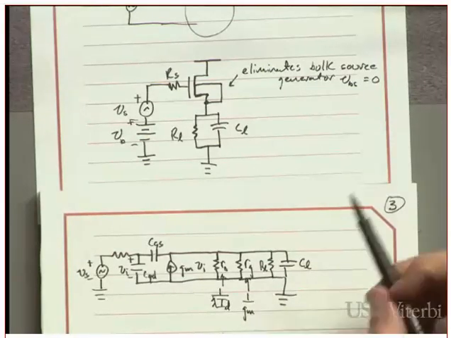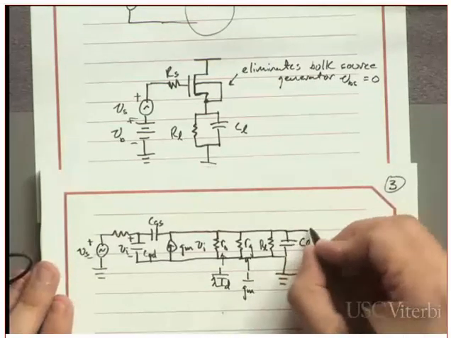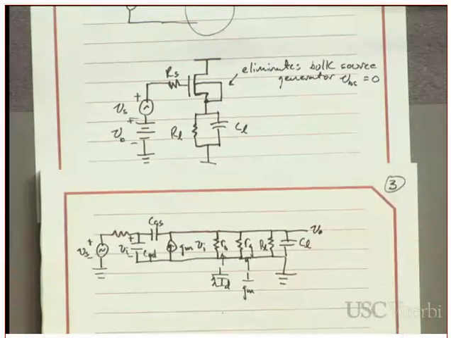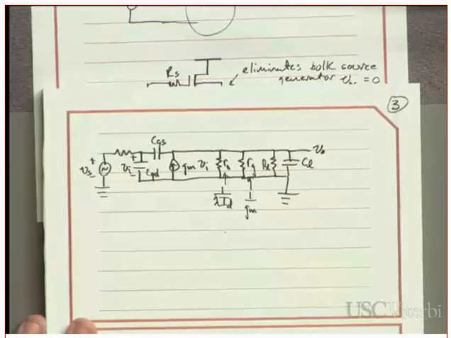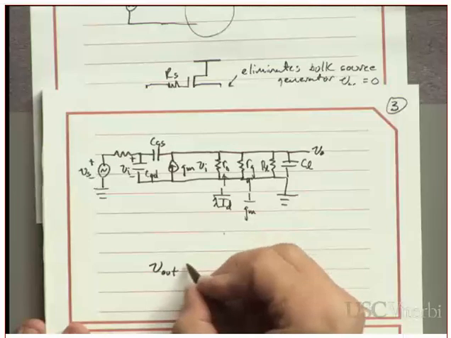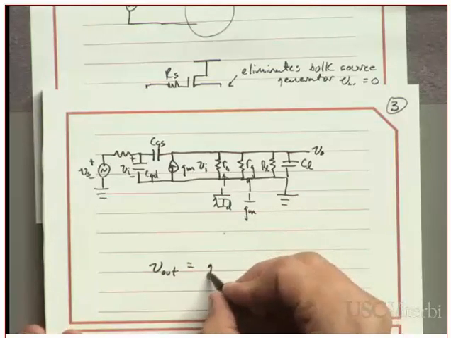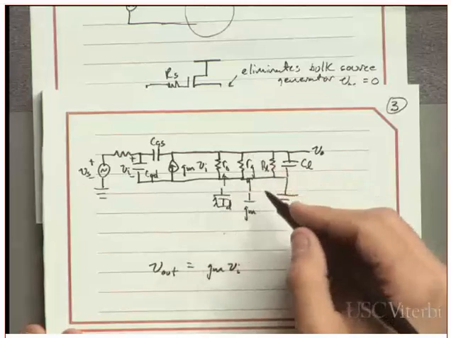And this is my output point. Before, I didn't want to do the input-output relation, if you remember. But I'm going to go ahead and do that now. It's actually not as bad as I remembered it. I'm going to start with V out. It's GM VI times all of these resistances.